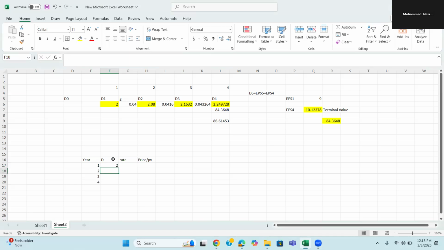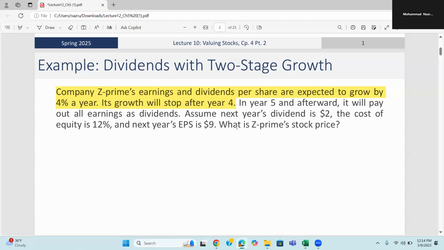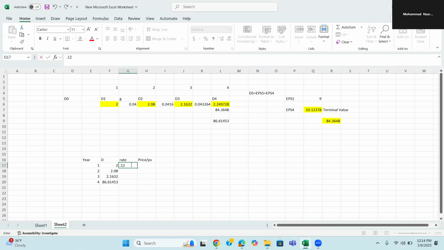Year 2, we have value 2.08. In year 3, we have 2.1632. And year 4, we have dividend 4 and the EPS. We just sum up these two and we get 86.61453. All right. And we have our rate, the cost of equity, 12%.